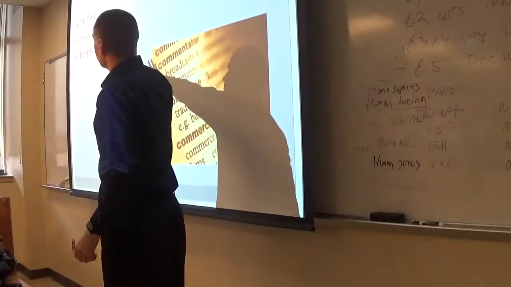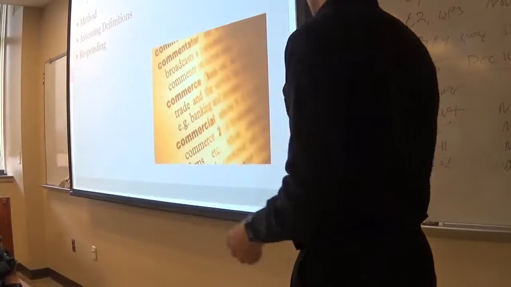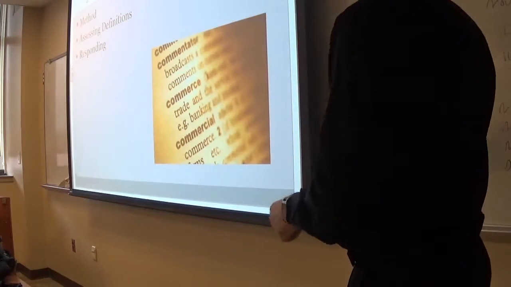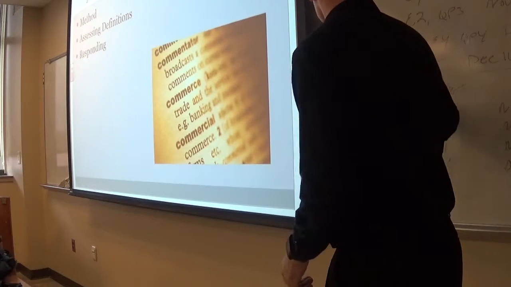So how does one respond to an argument by definition? If you're on the receiving end, or in your paper, you've got to raise an objection. What is a way to object to an argument by definition? Well, there are the following ways.